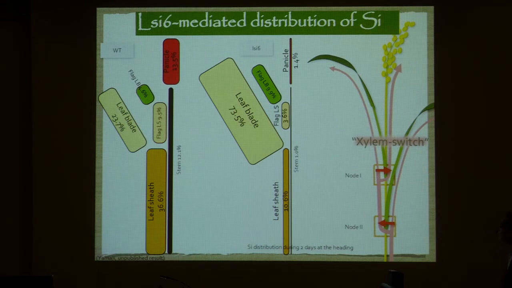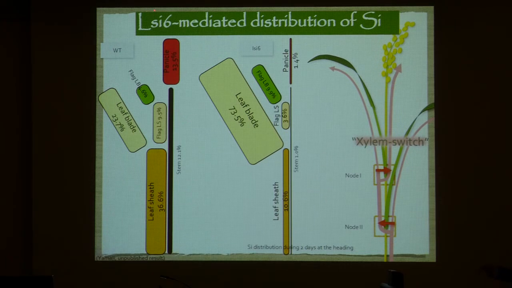We did another very simple experiment to show the role of Lsi6 in the silicon distribution. We grew both wild type and the Lsi6 mutant hydroponically in the absence of silicon till heading time, and then we just gave silicon for 2 days, and then looked at the silicon distribution in the different tissues.